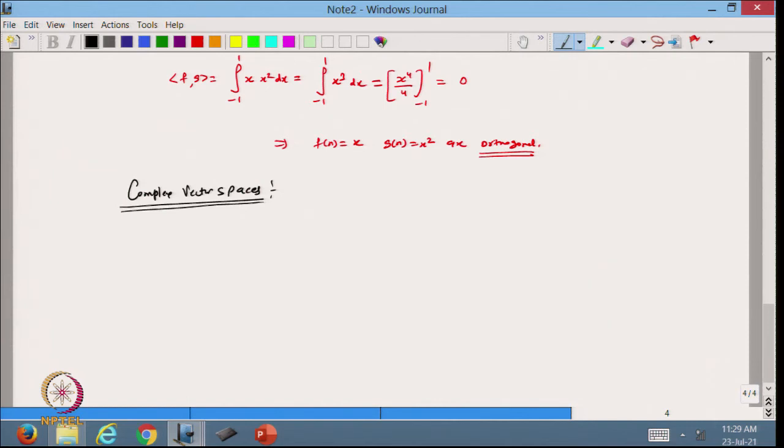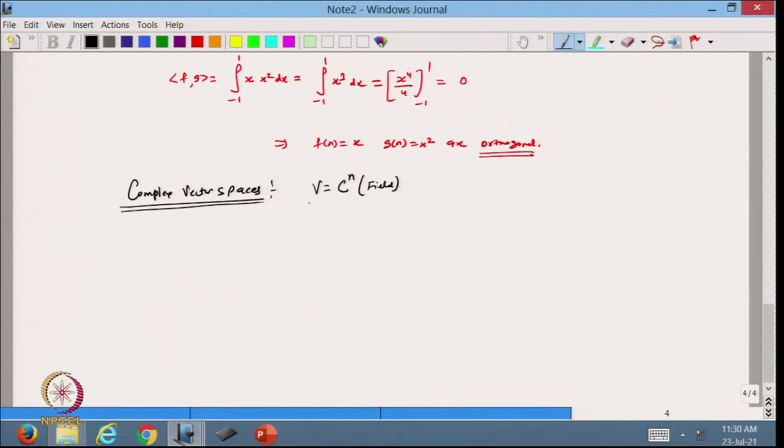As we have already seen, in the complex vector spaces, suppose I take the vector space V and we call it Cn. So, in this case I am taking the field F.